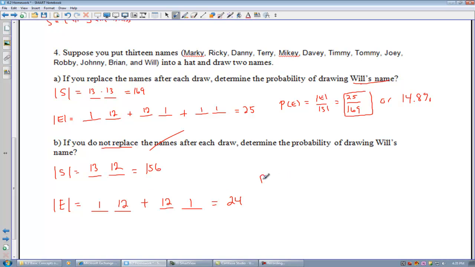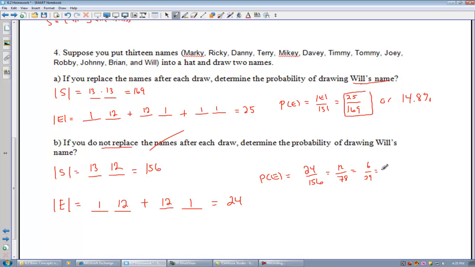And so now the probability that we'll draw Will's name, if we do not replace, is equal to 24 over 156. And again, we can simplify. We can go down by 2, so 12 over 78. Then we can go down by 2's again, so that would be 6 divided by 39.